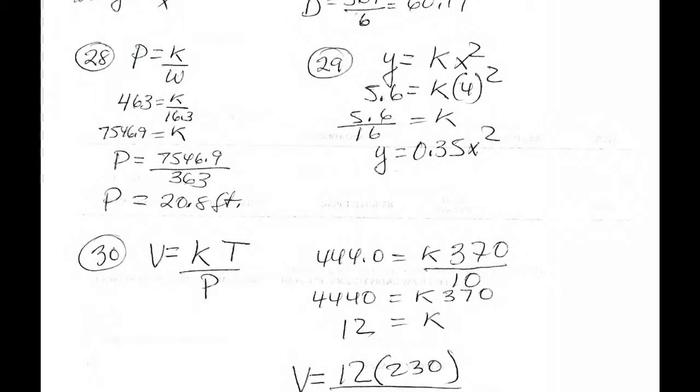Okay, these last three are pretty straightforward. Again, this is pressure to weight or something. Let's see here. It's an inverse relationship. I don't remember the details now. They originally gave you what P was. They gave you what W was.